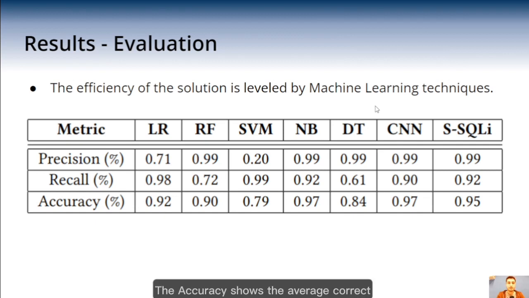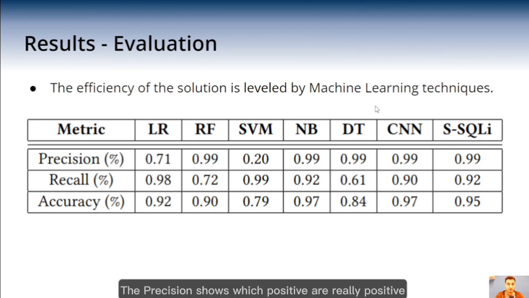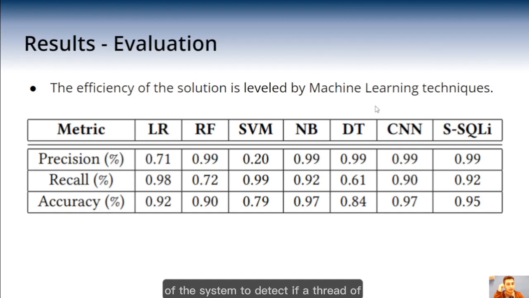The accuracy shows the average of correct SQLi threat detections over the entire results. The precision shows which positive values are really positive, that is, the capacity of the system to detect if a threat of SQL injection is not a false positive.